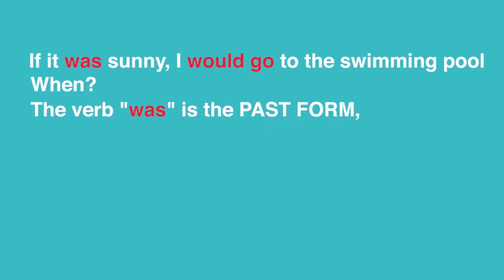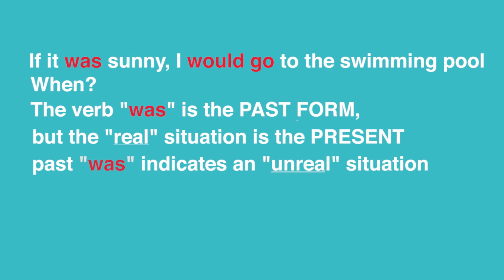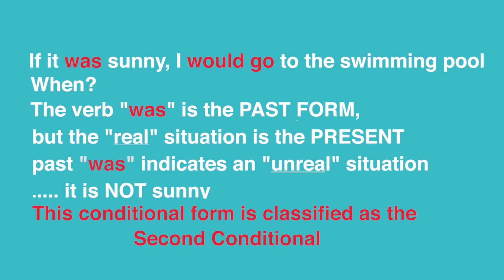So when is this? Well, the verb was is the past, but the real time is the present. We use the past was to show an unreal situation because it is not sunny. So this conditional form we sometimes classify as the second conditional.